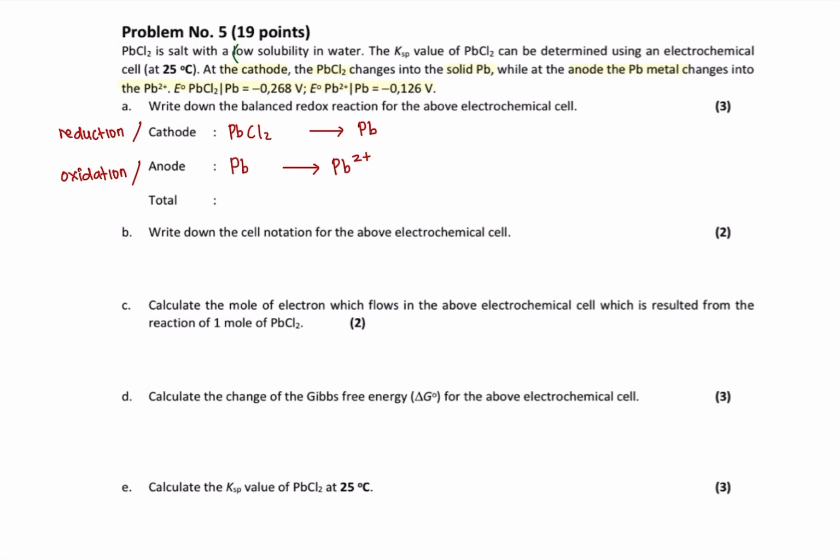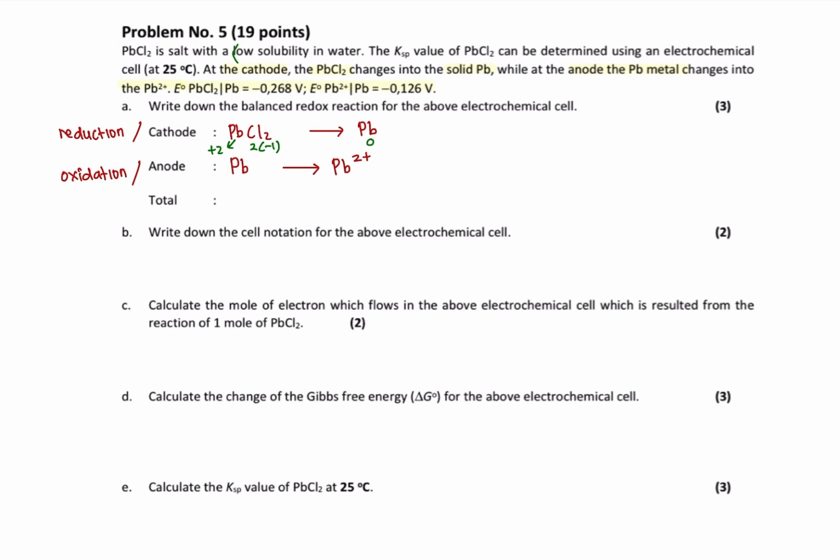In PbCl2, we have minus 1, which is the oxidation number of Cl, and then we have 2 here, so minus 2. So the Pb here should be Pb2+, so it's lead(II) chloride, and then the Pb here is 0. So we can see that from plus 2 becoming 0, there's a decrease in oxidation number. So this shows that we have a reduction here.